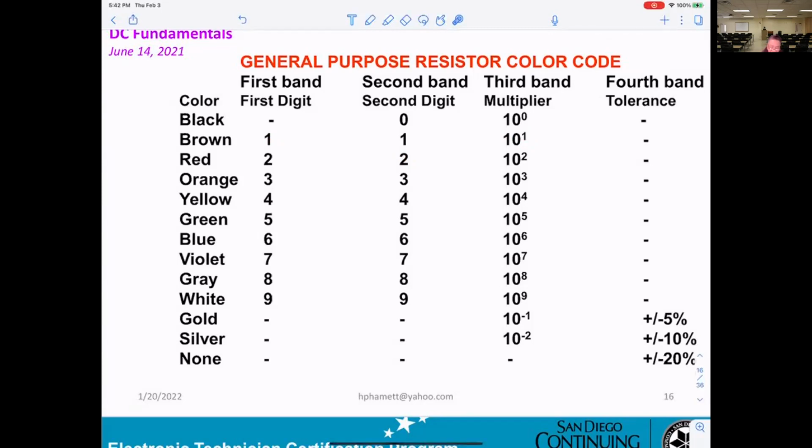That's how you get the value. And the last one, if you get the color gold, it is 5%, silver 10%, none, that means you don't have any color, 20%.